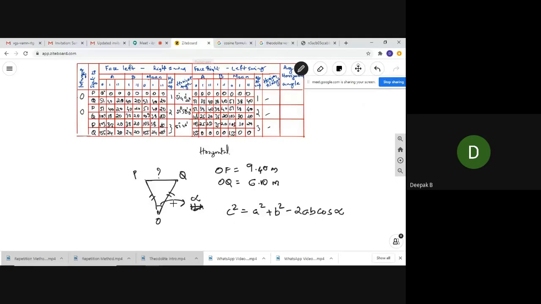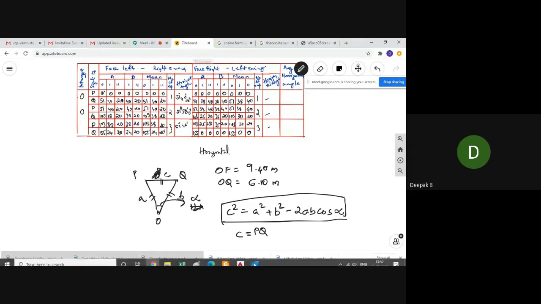C is the side directly opposite to the angle. This is C, this is A, this is B. Okay. Use this formula and find the value of PQ. C will be equal to PQ. Okay, clear? This is your experiment. This is what you have to do. Yes, sir. Okay, clear? You have taken all the readings.